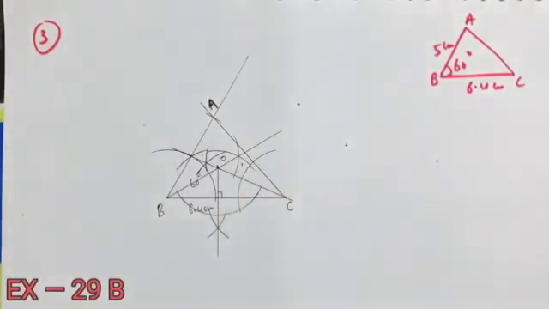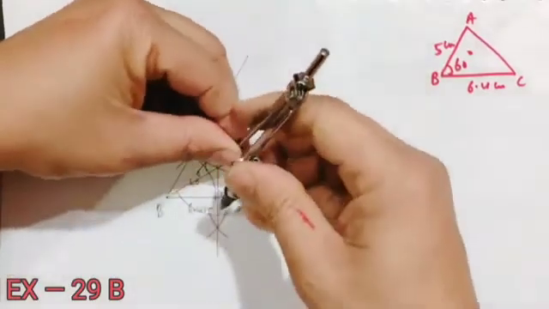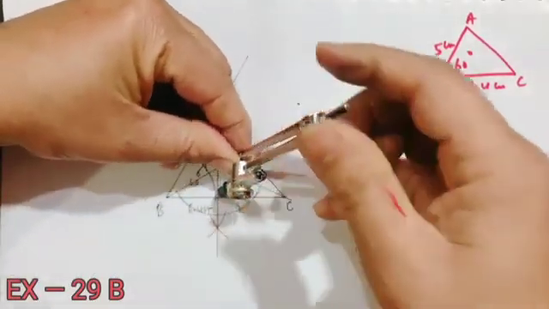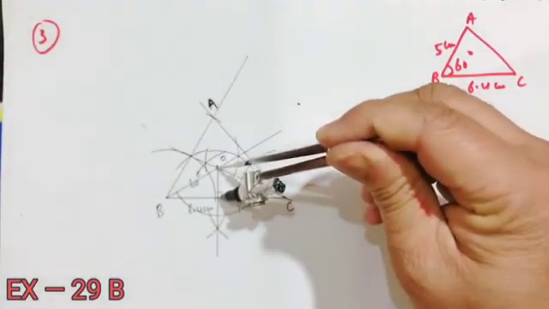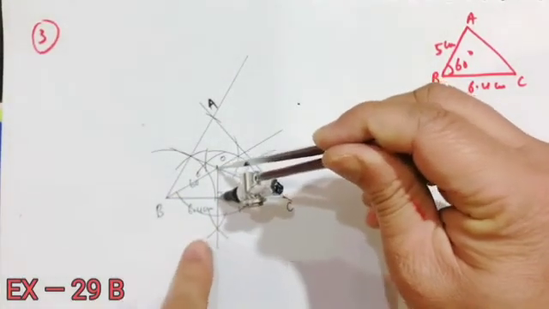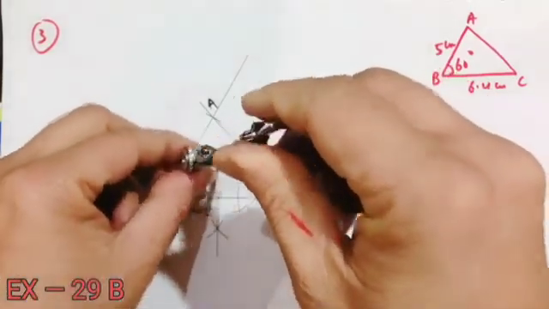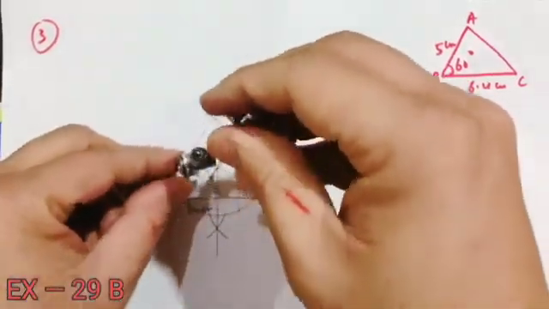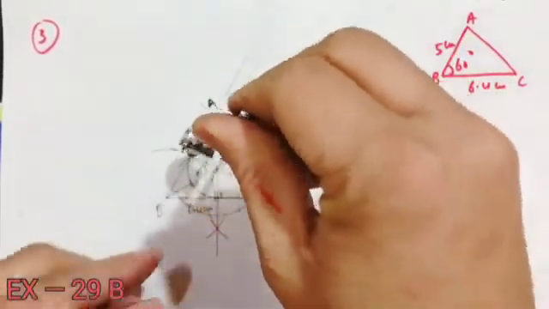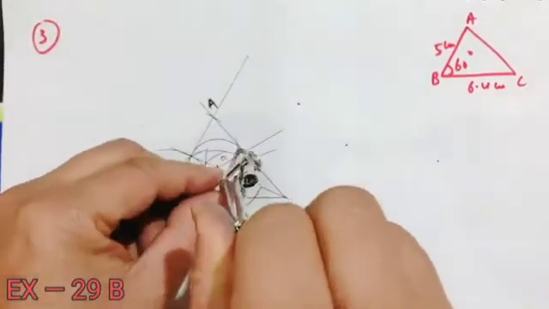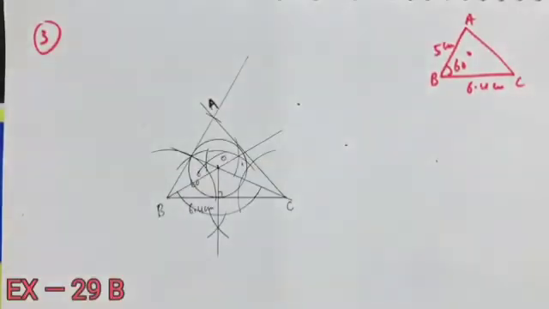This is the radius of the circle. So we have taken the radius. You can see I have taken the radius. I hope it is very clear. I took this radius from here to here, isn't it? Now let me see if I get the correct answer, otherwise they will start commenting.